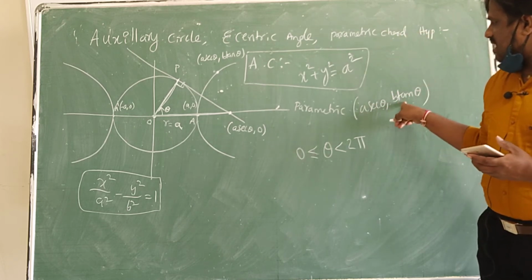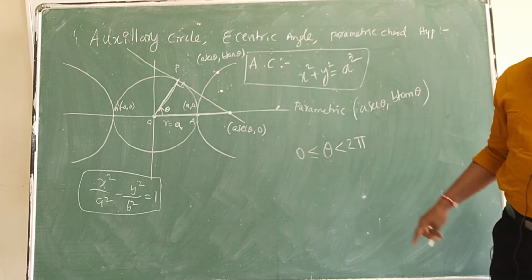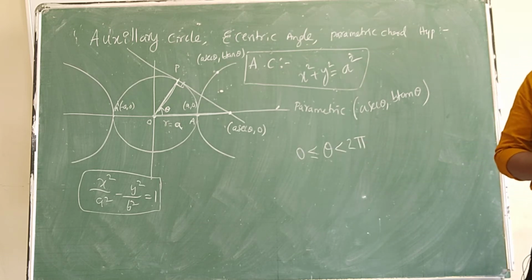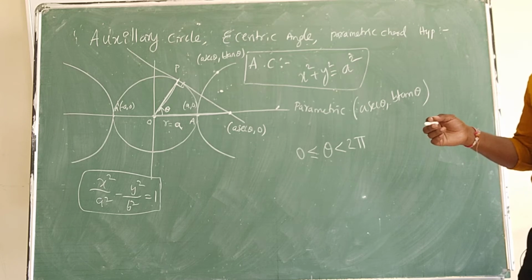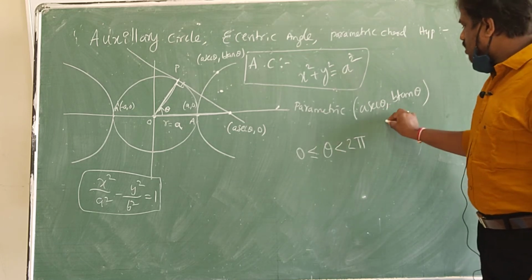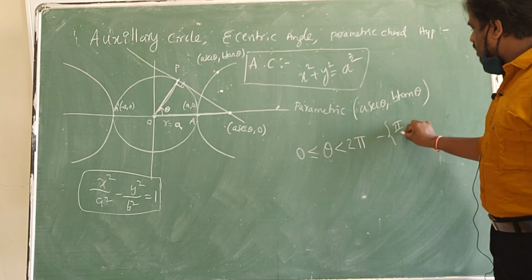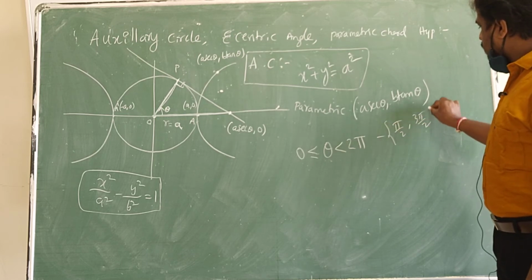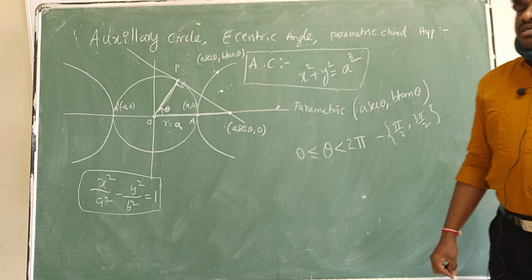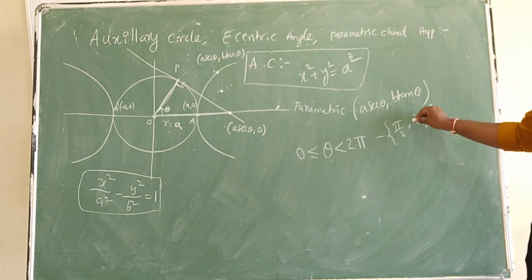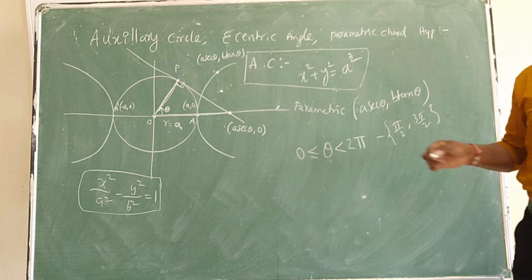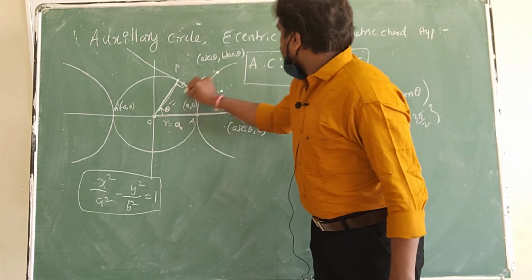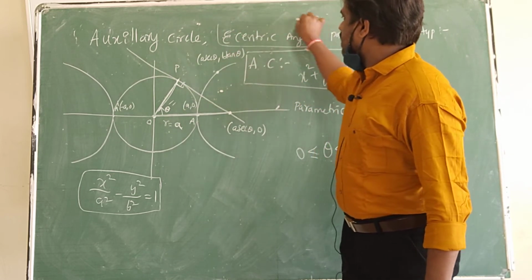But tan is there, sec is there: where will it not be defined? Where is tan not defined, where is sec not defined? At pi by 2, which is not defined? tan. And at 3 pi by 2, sec. So pi by 2 and 3 pi by 2 are excluded, because at pi by 2 tan will not be defined, and sec will not be defined at 3 pi by 2. So these two will be subtracted. This is the eccentric angle. This theta is called the eccentric angle.